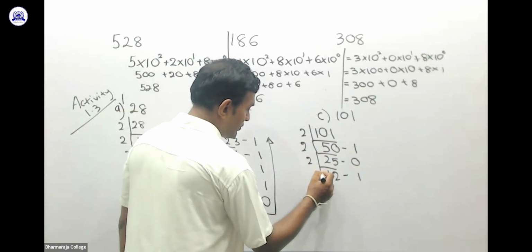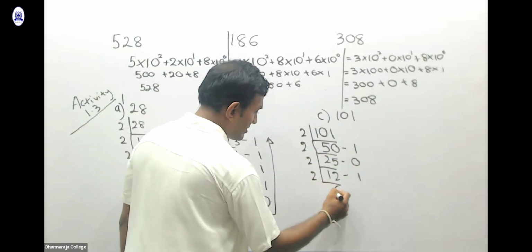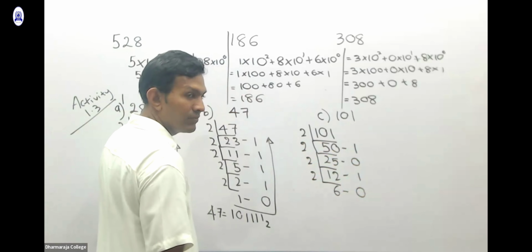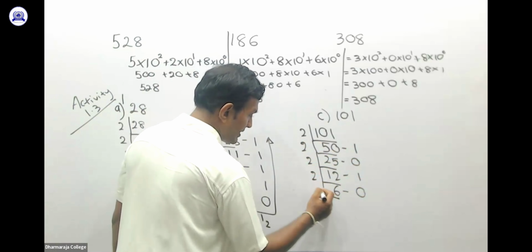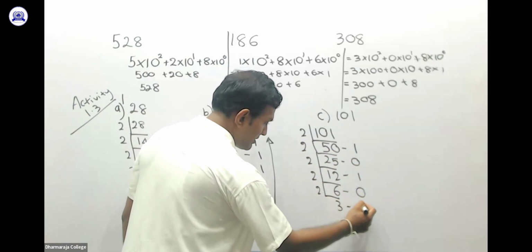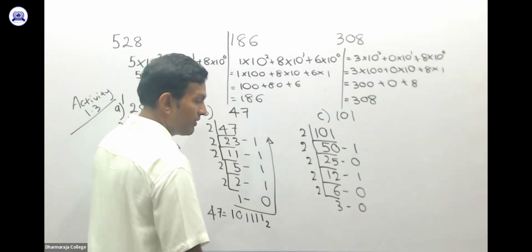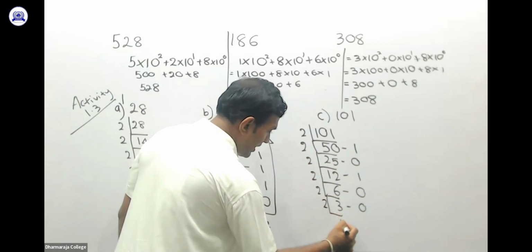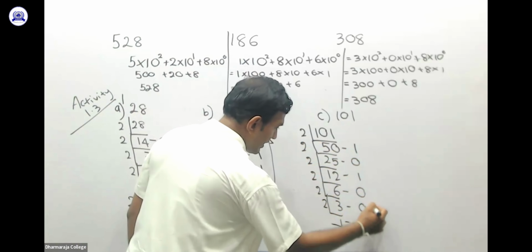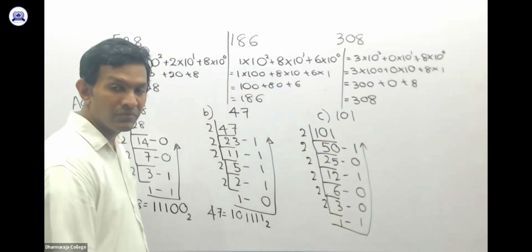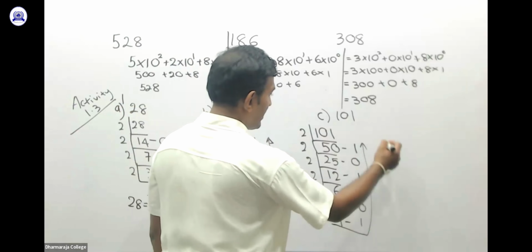And if you divide 12 by 2, it's 6, remain 0. And if we divide 6 by 2, 3 remain 0. If you divide 3 by 2, it's 1, remain 1. Final answer, write it.